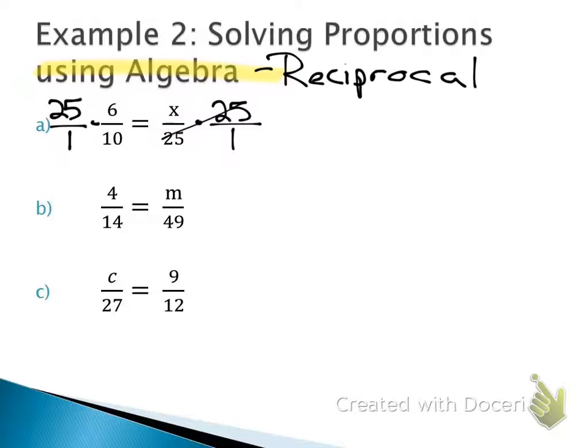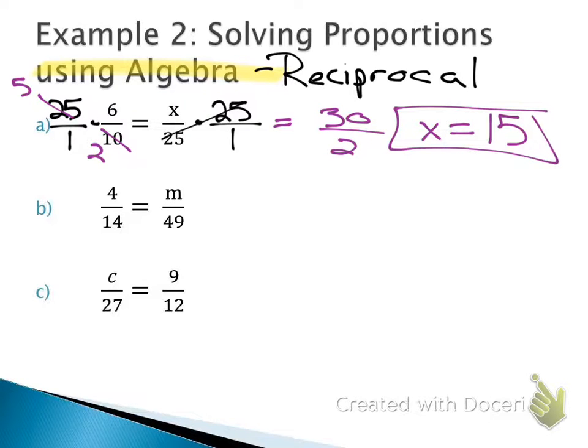Now, guys, at this point, put this in your calculator. 25 times, hit your fraction button, 6 over 10. Just do that. There's no sense in making a silly mistake here. Now, if you have to do it by hand, cross reduce, 5 and 2, 30 over 2, x equals 15. But you don't have to do all that work. Just put it in your calculator.